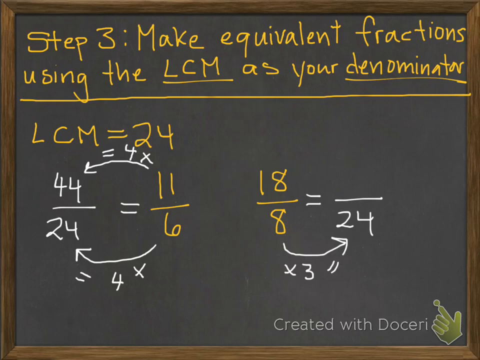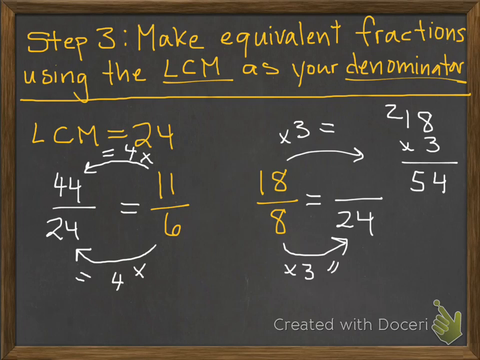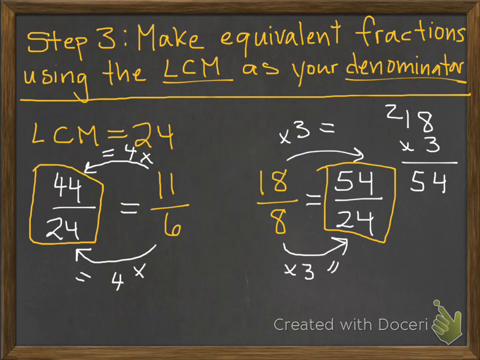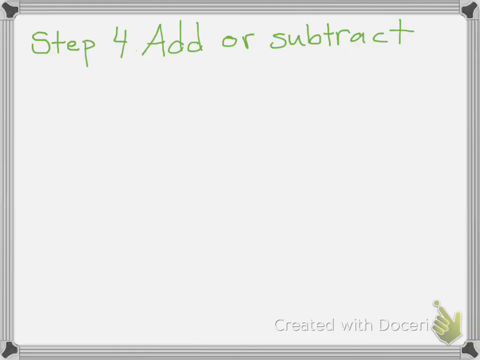Whatever I do to the bottom, I do to the top. 18 times 3, I'm going to have to take that out to the side. 3 times 8 is 24. Put a 4 on the bottom, carry the 2. 3 times 1 is 3, plus 2 is 5. So 54 is our numerator. So 44 over 24 and 54 over 24 are our equivalent fractions.